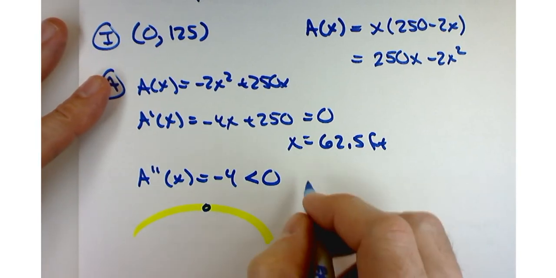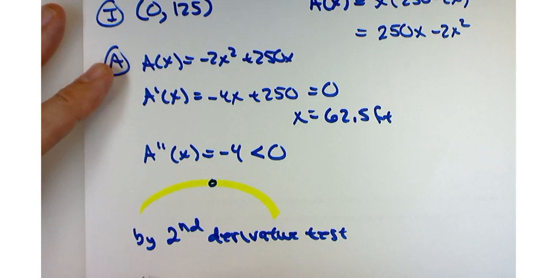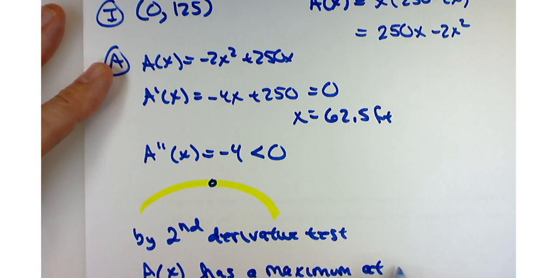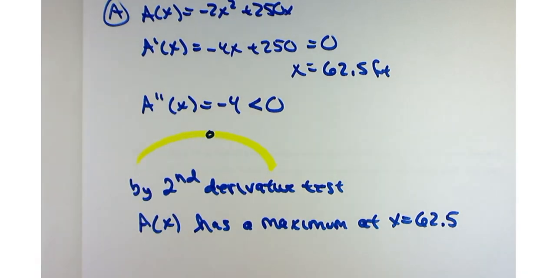So by the second derivative test, a of x has a maximum at x equals 62.5. Now I think they ask you for the dimensions of this box, not just define the box, but what are the dimensions?